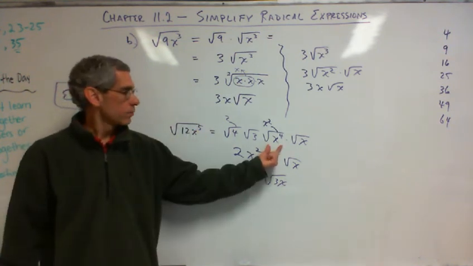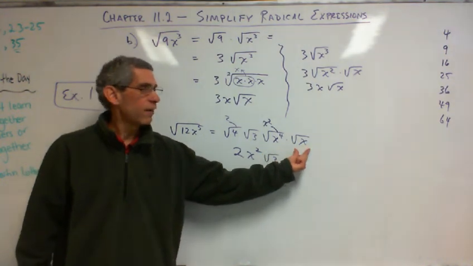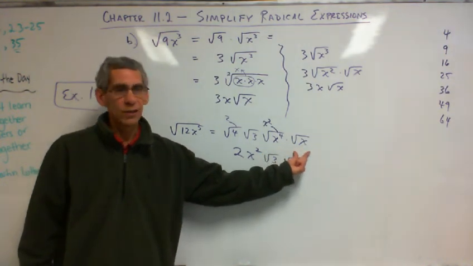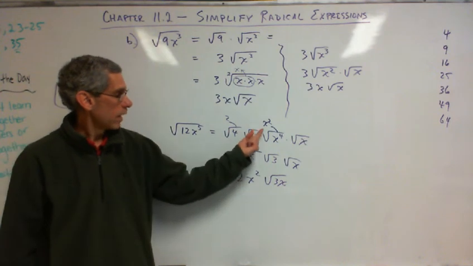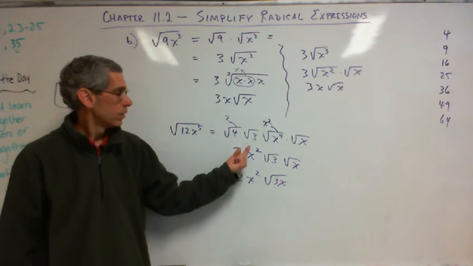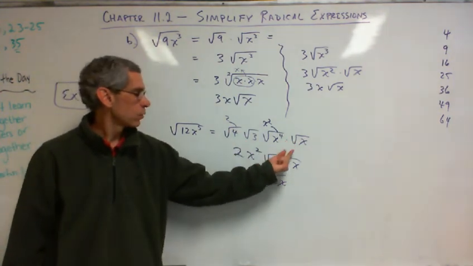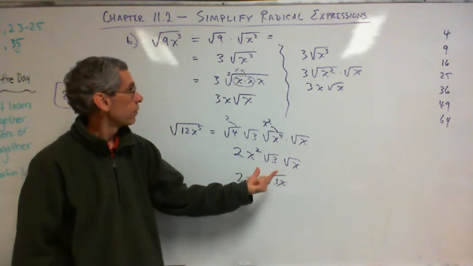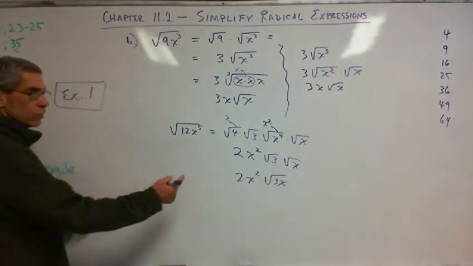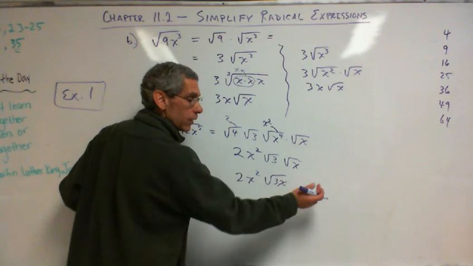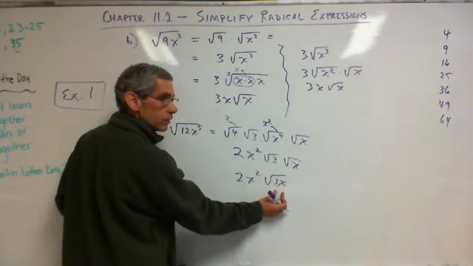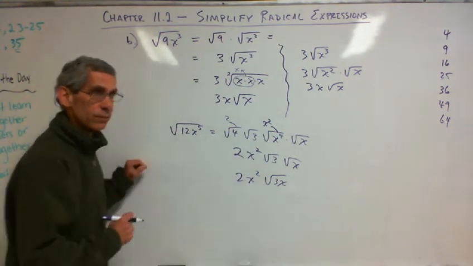So that comes out as an x squared. We still have this extra x underneath the square root sign that we have to keep. So we have 2x squared, square root of 3 times the square root of x. But remember, the product property says the square root of a times the square root of b is equal to the square root of a times b. So I'm just combining them under the same one. So there's my answer.